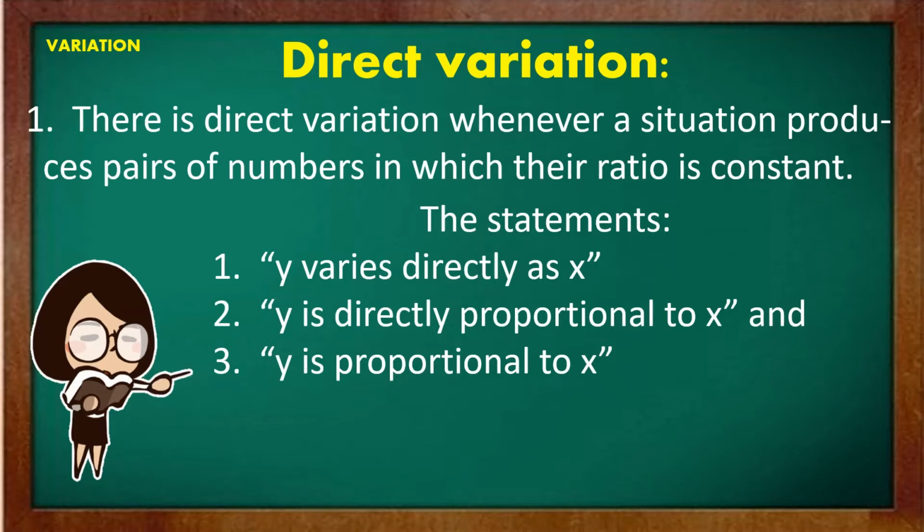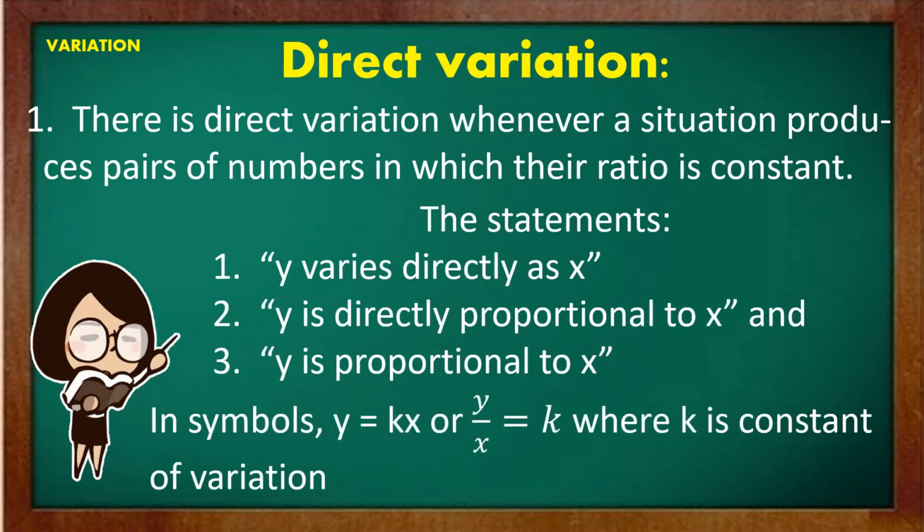The second one, y is directly proportional to x. And y is proportional to x. So these statements we use for direct variation. In symbols, y is equal to kx or y over x is equal to k, where k is the constant of variation.